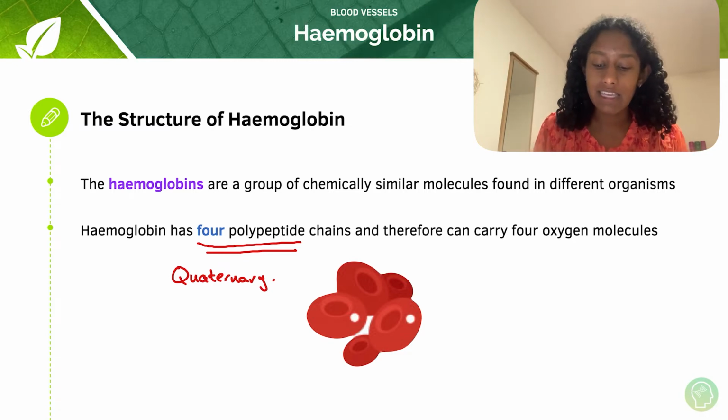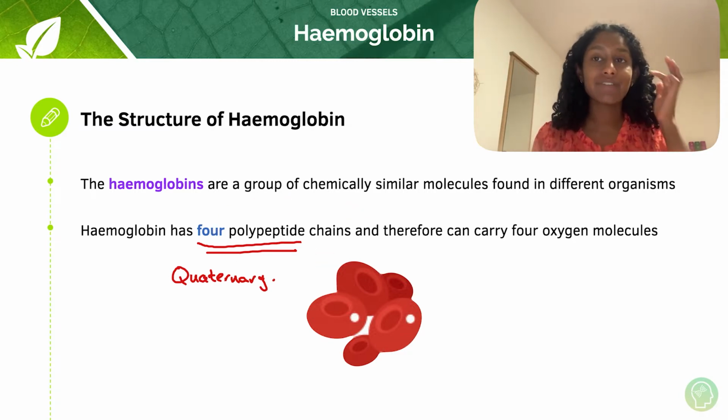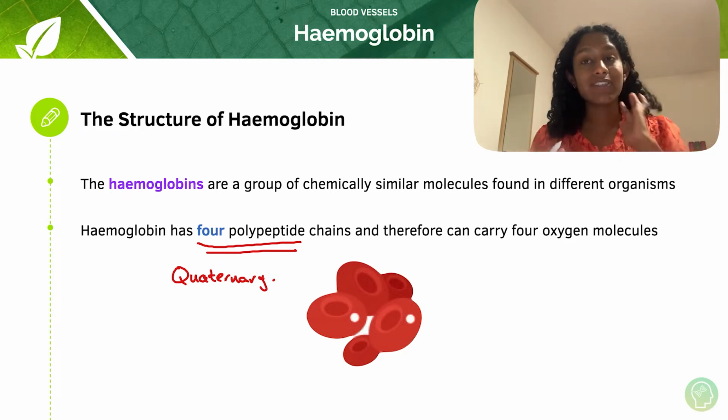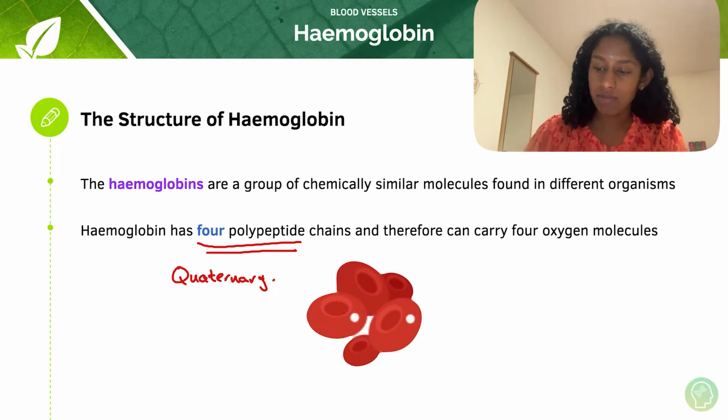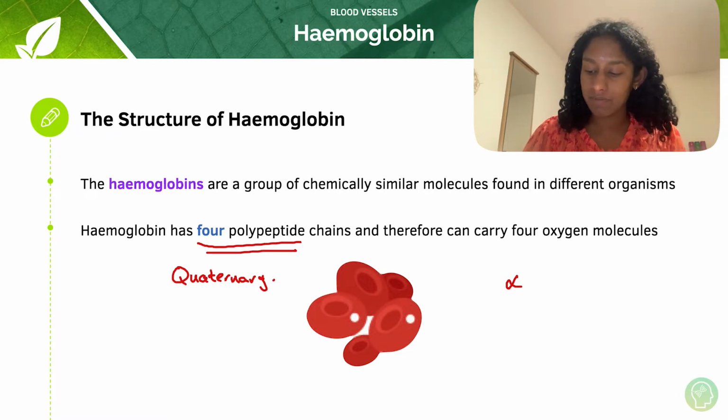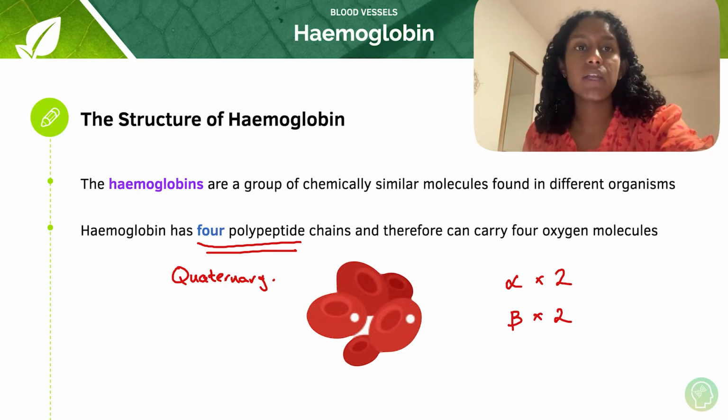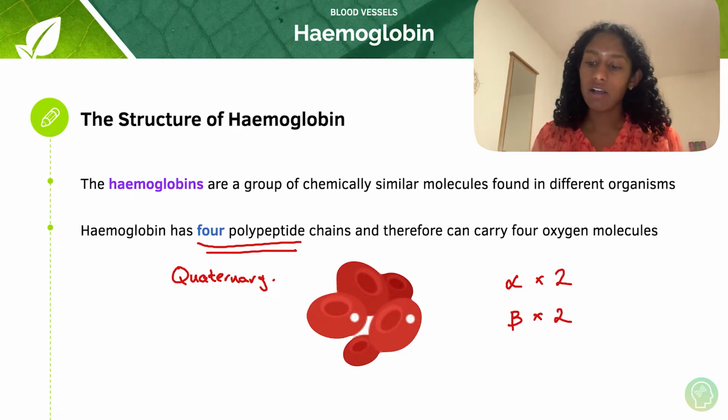So the fact that haemoglobin has polypeptide chains interacting with each other defines it as a protein that has a quaternary structure. Haemoglobin is composed of 2 alpha polypeptide chains and 2 beta polypeptide chains, and each of these polypeptide chains is associated with a heme group.